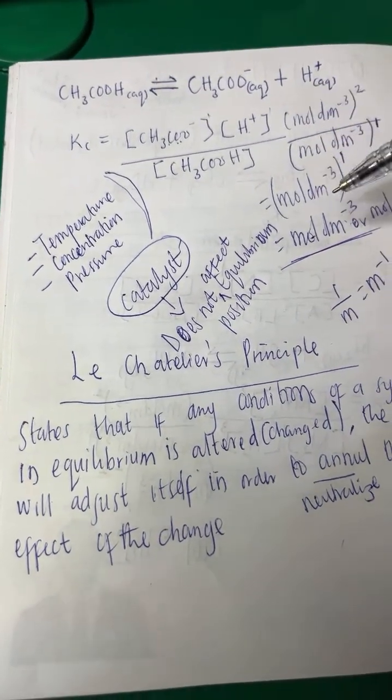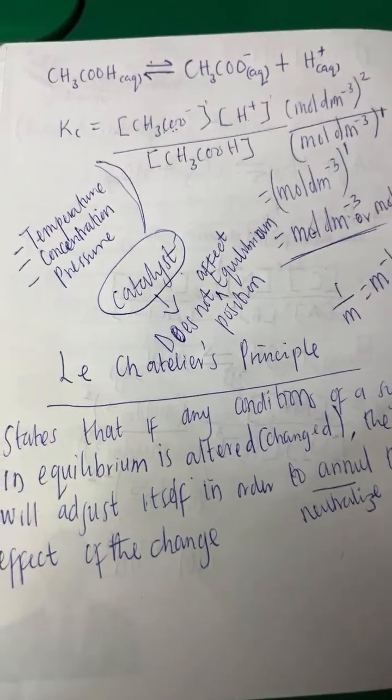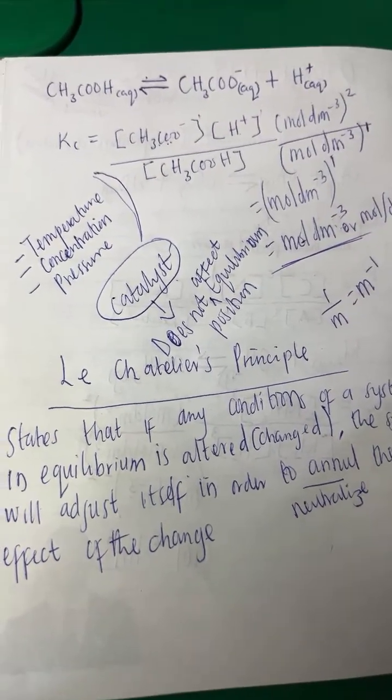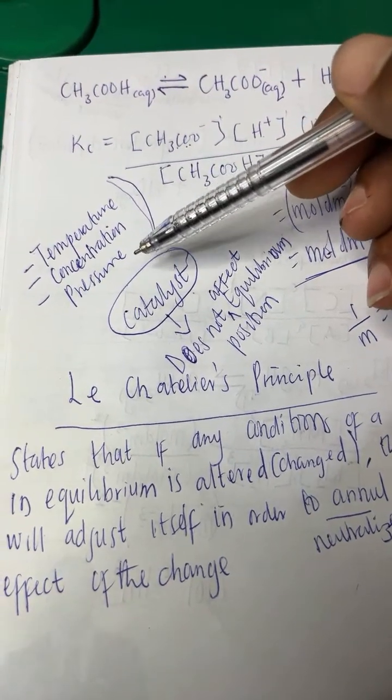Everybody type: a catalyst does not affect equilibrium position of a reaction. The main things that affect equilibrium position of a reaction are temperature, concentration, and pressure.